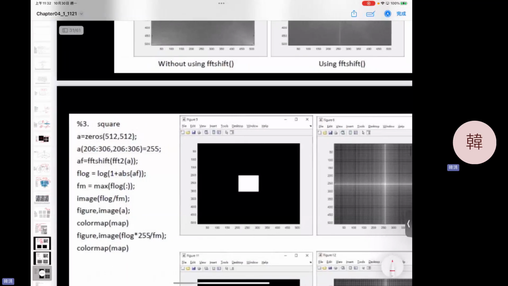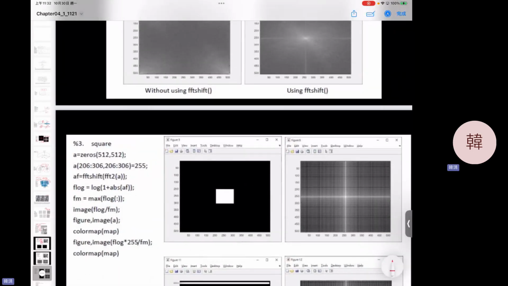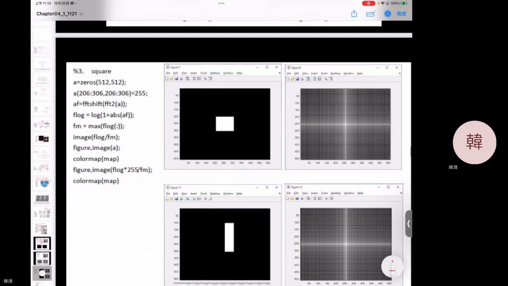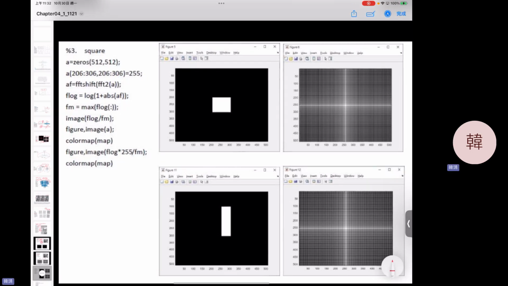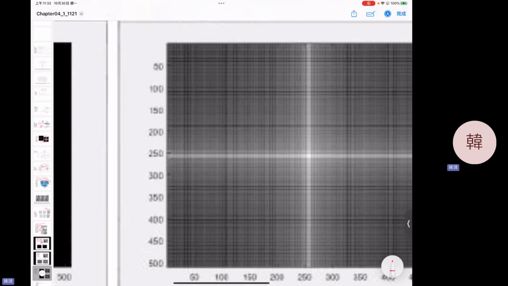Okay, so there's more image examples. This is the rectangular, right? And this is a square. The square has the same width horizontally and vertically. So their Fourier transform is the same along both the u and v axes.